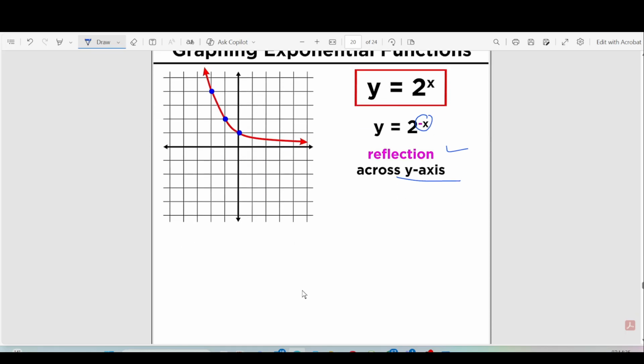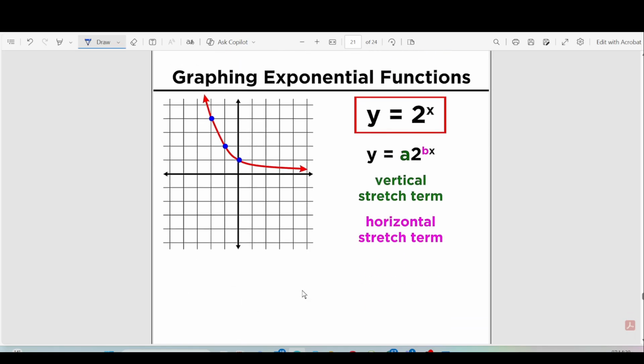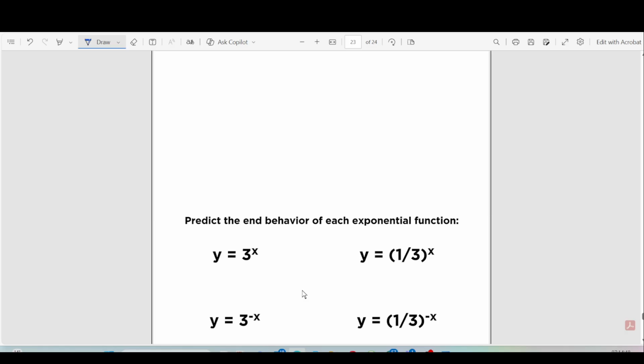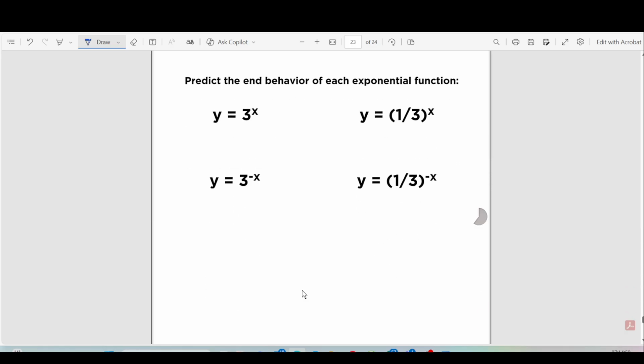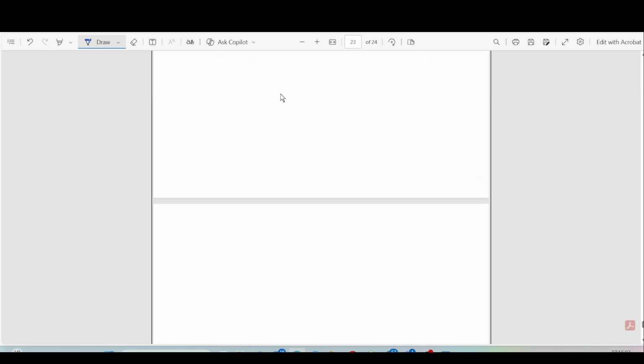If there is a constant term like a, it can be a vertical stretch or horizontal stretch term. Like if you have 3^x, there is no horizontal or vertical shift because this is just 3^x, right?